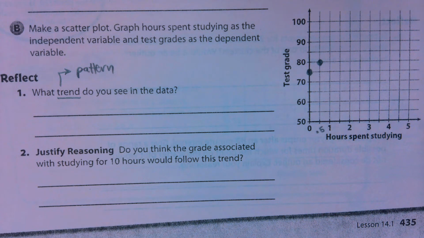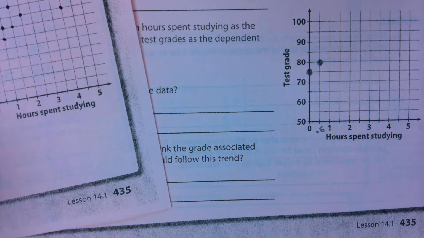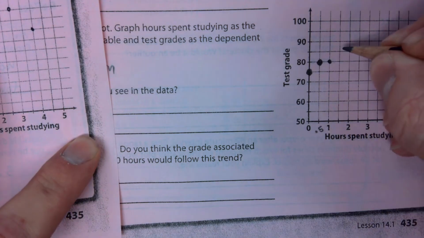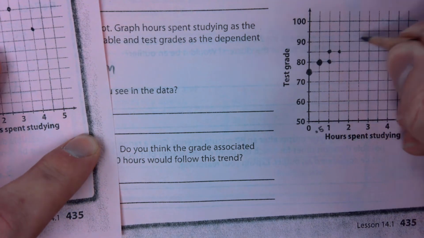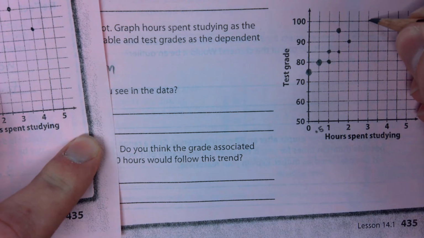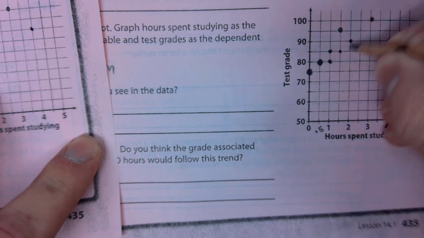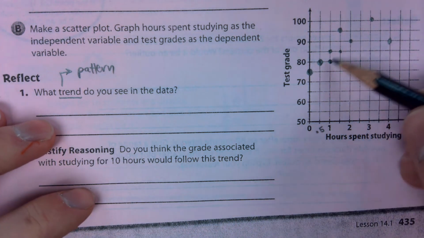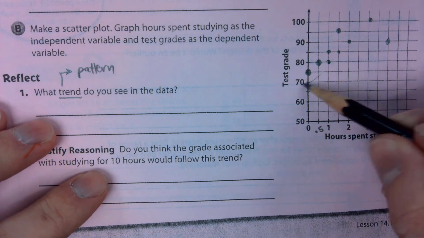Where's my answer key? Let's see, and then we got this one and that one. Okay. So your scatter plot should look exactly like that. And we can see that there's a pretty close to linear relationship here.